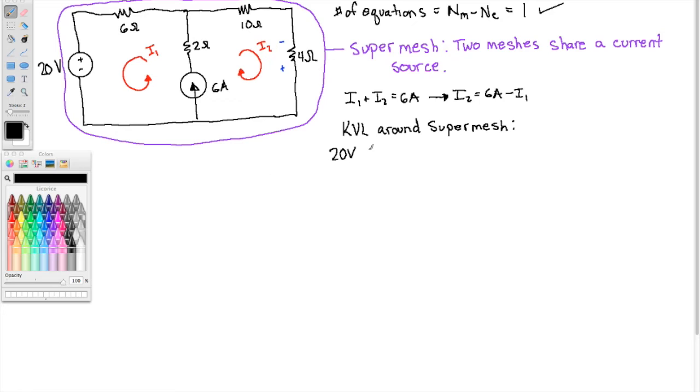So the drop is minus I2 times 4 ohms, because I2 we've chosen to go down, and I want the drop going up. And again, when I write I2, instead I should use 6 amps minus I1. So I'm going to erase this, and I'm going to use 6 amps minus I1, and then times the 4 ohms.